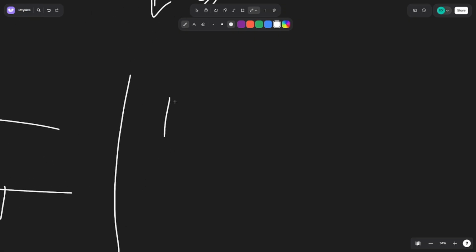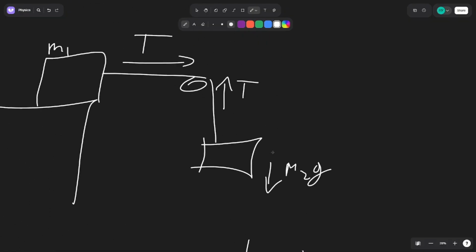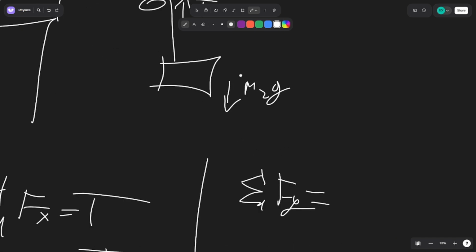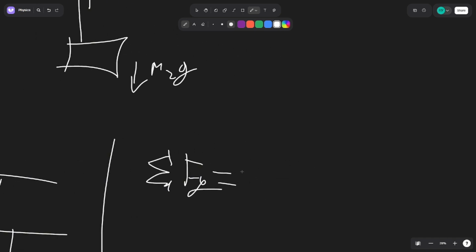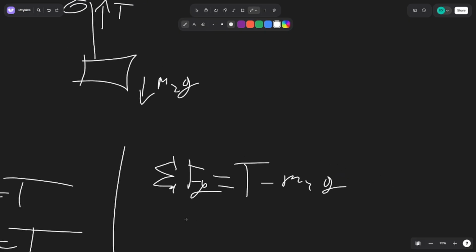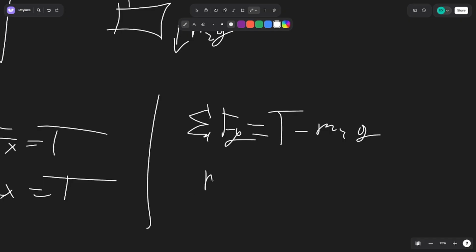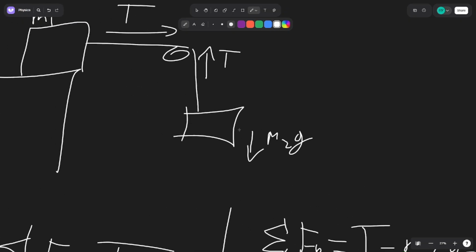The sum of forces applied on the y-intercept, how can it be? Right. This is tension minus m2g, and also m2ay, which should be negative because the object goes downwards like this, just to let you know.